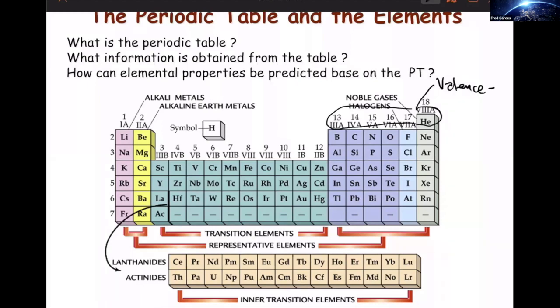When you look across, these are called periods. It tells you how many shells the elements in that particular series have, and the series goes from left to right, how many shells maximum for the ground state. Remember, the ground state is where the electrons usually reside.